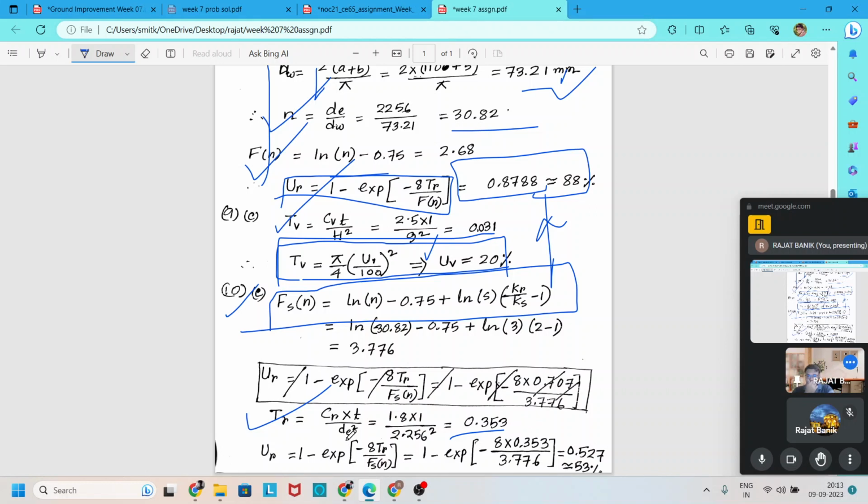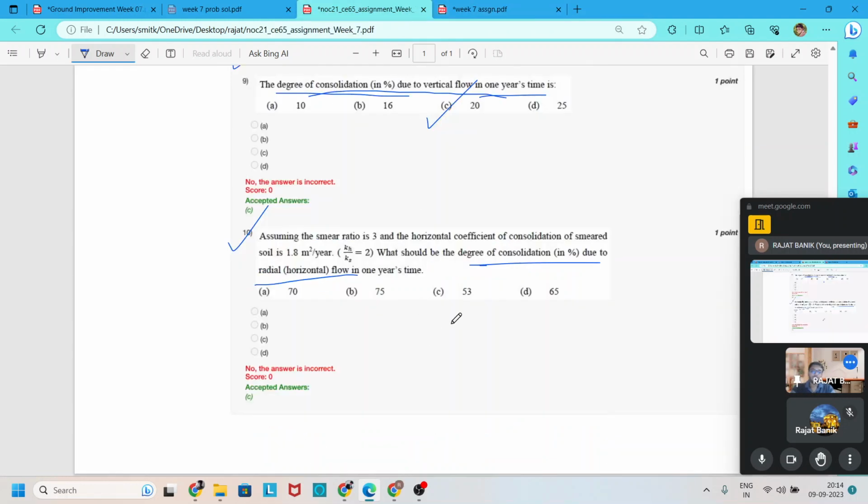And if we put all the values in this formula, that is Ur is equal to 1 minus e to the power minus 8 Tr divided by Fsn, we find that the degree of consolidation is reduced and comes about 53%. And for that, the correct option should be option C.